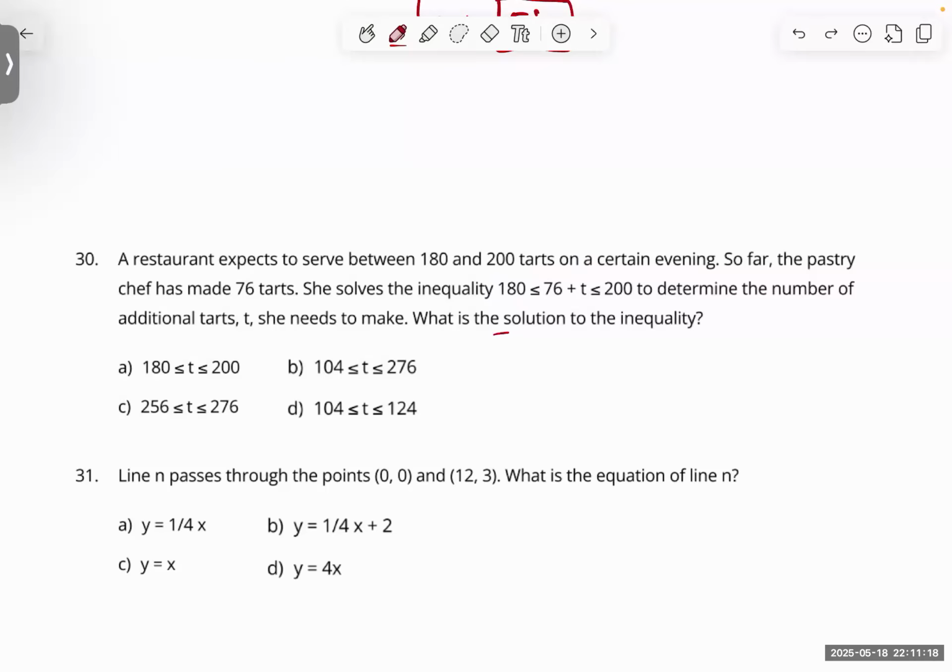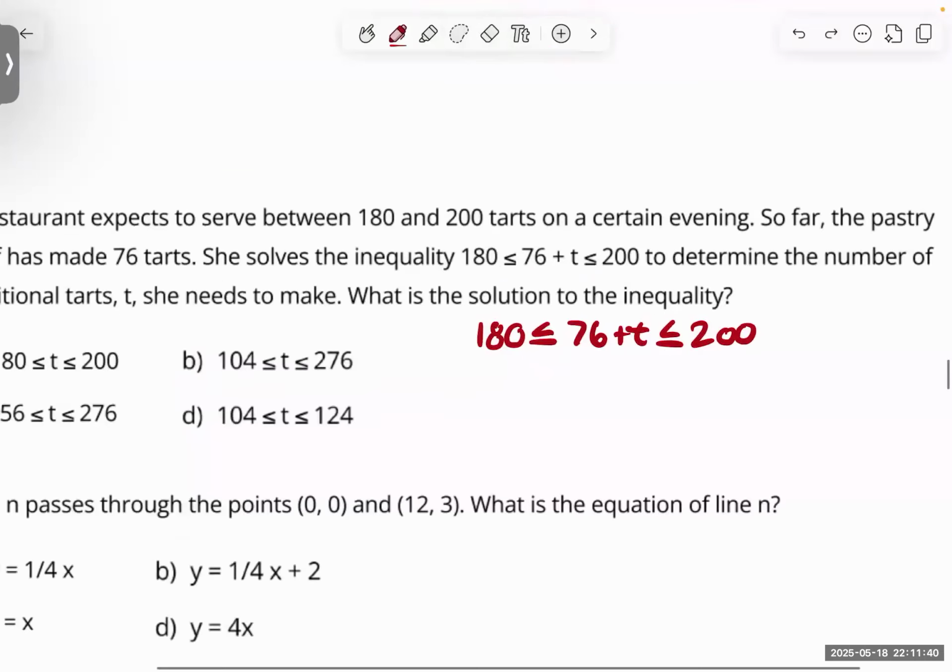Now again, solution means you're getting T by itself. So we currently have 180 is less than or equal to 76 plus T, which is less than or equal to 200. Now, if you notice all of your answers have T by itself, what do you think happened? Think about it. That 76 is gone. Well, where did it go?